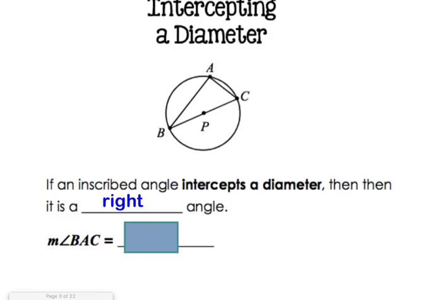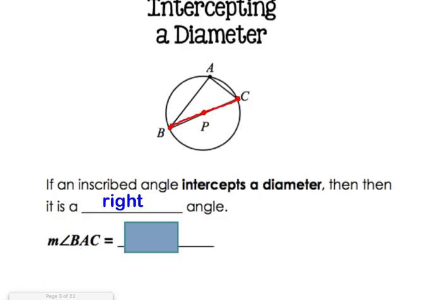A few other things just to talk about. Intercepting a diameter. For whatever reason, when we get to problems like this, our brains shut down. We're like, oh crap, I don't know what to do. So let's just look here. It says if an inscribed angle intercepts a diameter, then it is a right angle. Well, it should be a duh moment because if we look here, BC, we all can agree is a diameter because both my endpoints are on the edge of the circle and it goes through the center. So that makes it a diameter.